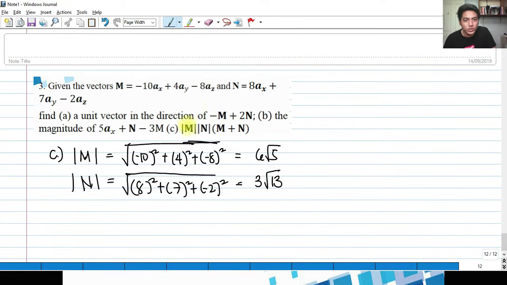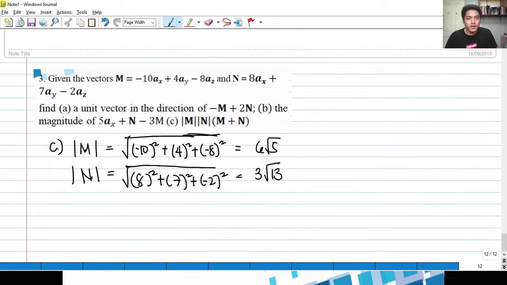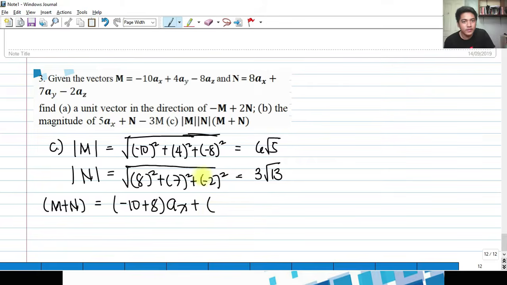We have gotten now the magnitude of m and n. But we need to add m plus n. If we add m plus n, we have negative 10 plus 8 a sub x, plus 4 plus 7 a sub y, plus negative 8 plus negative 2, so we have az.